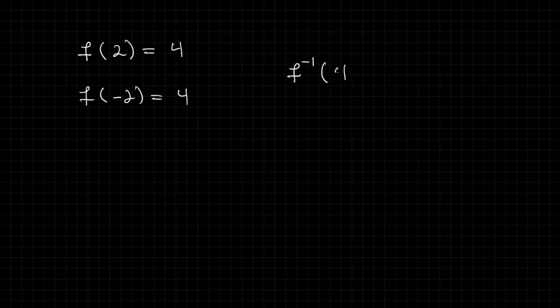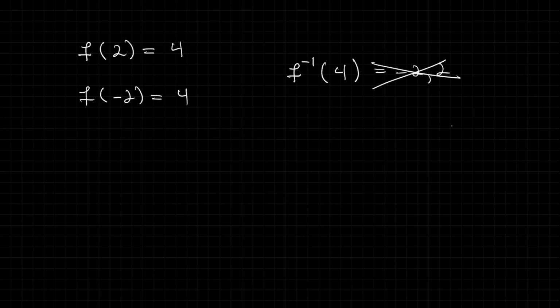So what will be the inverse function evaluated at 4? You might be tempted to say something along the lines of, well, maybe it's 2 and negative 2, but functions can't have multiple outputs. We can't say that this is both negative 2 and 2. The conclusion of this would be that this function f doesn't have an inverse.